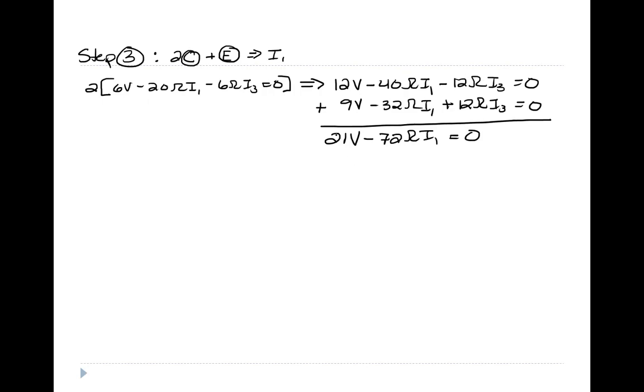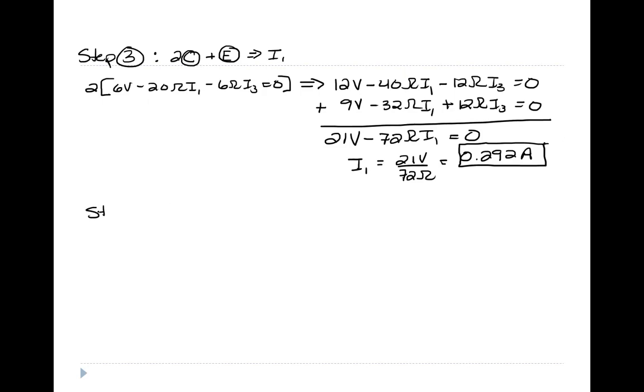And now I can solve for I1. I1 equals 21 volts divided by 72 ohms, which is 0.292 amps. Okay, we have I1. This is fantastic.